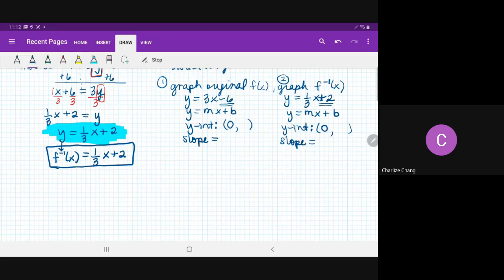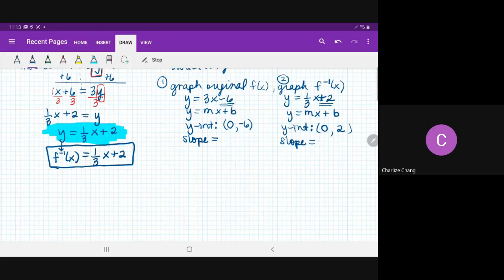Okay, so I just underlined those. So y-intercept was 0, -6. And you can also substitute the 0 into the equation if you want to find that out. So you could substitute a 0 in, or you can say it's the number at the end. It's like b.